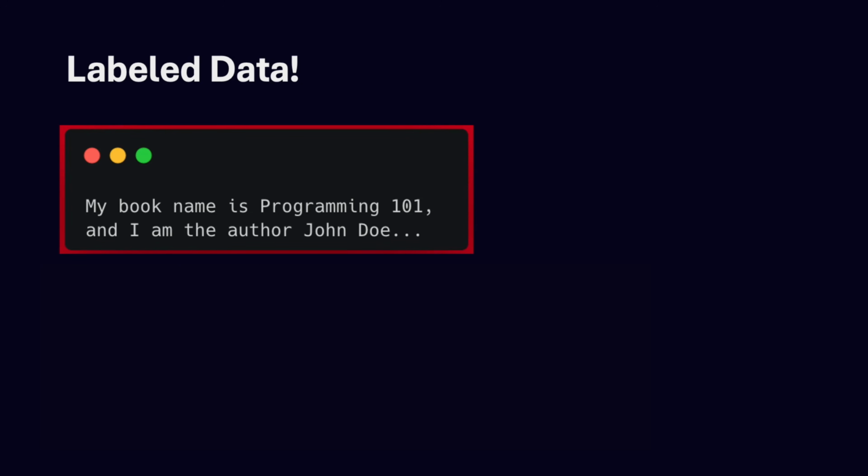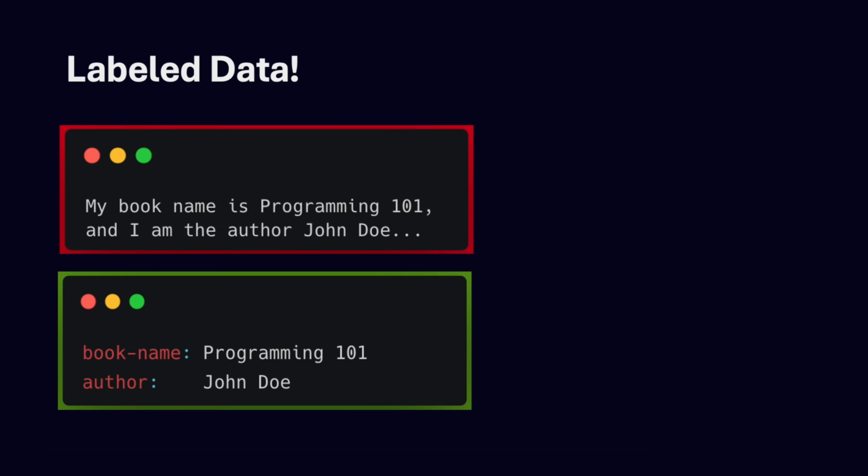Instead of receiving a paragraph like this, where you have to read through everything to find basic information, you want something simpler. A label and a value, like this. Label, value. That's the entire idea. You get exactly what you need, nothing more, nothing less. The data format is predictable.